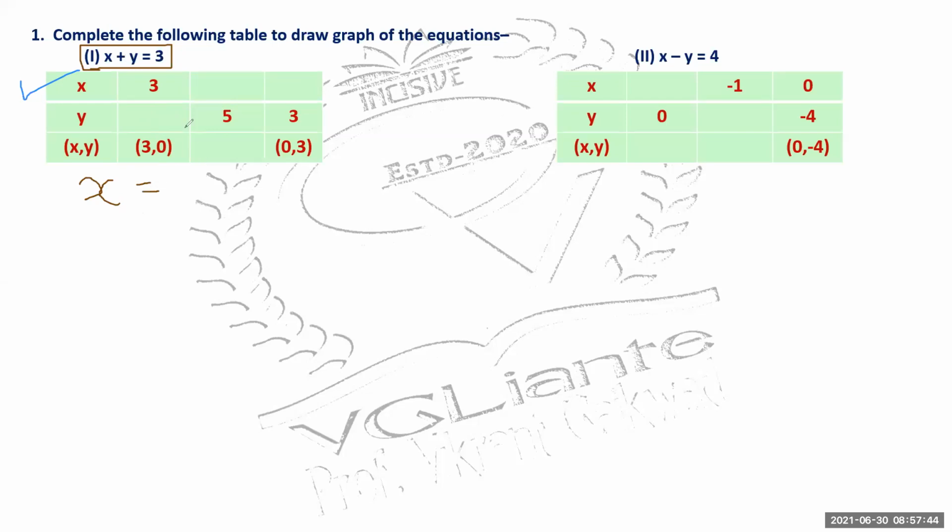So x equals to 3 minus y. Okay, you can solve it in that way. Understood? What you have to do, you have to keep one variable on the same side, other variable onto the other side, and you have to solve this equation.